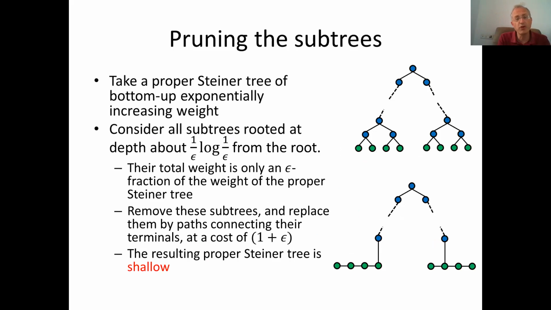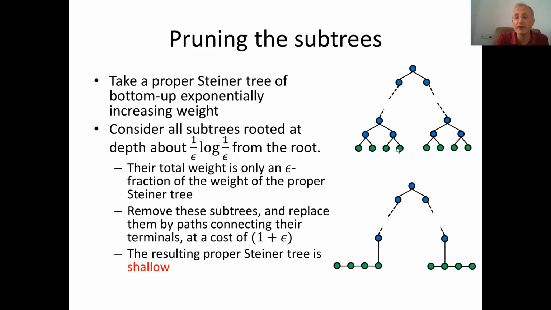Okay, well, if the weight grows exponentially as you go bottom up, that means that subtrees that are very, very low down have weight that's negligible when compared to the weight of the tree as a whole. Okay, so after going down about 1 over epsilon, 1 over log 1 over epsilon levels, the weight of these subtrees that are far from the root is very, very small.